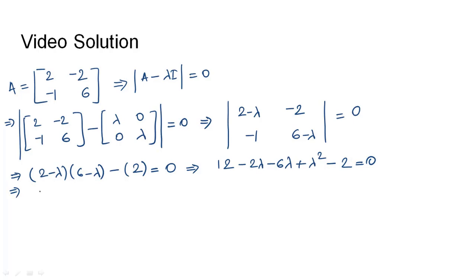This gives lambda square minus 8 lambda plus 10 equals 0.